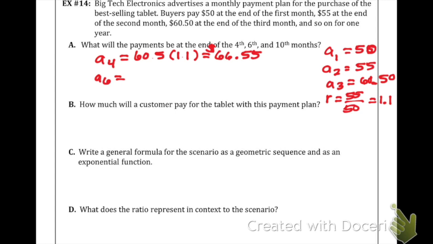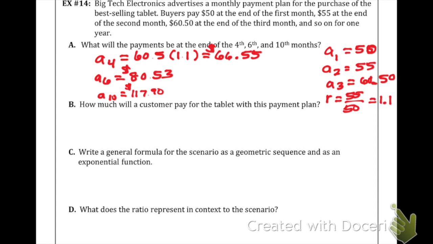Times 1.1 again would get me 80.53 for the 6th month. And then, I'm just doing multiplication over again. 7, 8, 9, 10 would get us around 117.90, depending on how we're rounding it, for the 10th month.